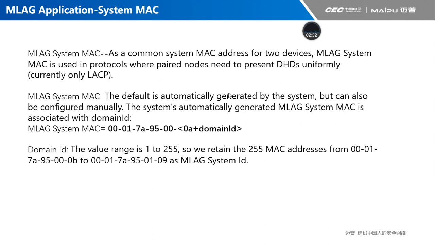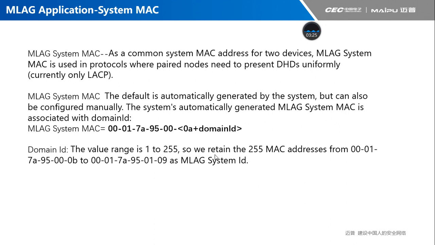The system automatically generated MLAG MAC address is derived from the domain ID. The MLAG system MAC address is 001789500008 plus the domain ID. The domain ID range for MLAG is from 1 to 255.